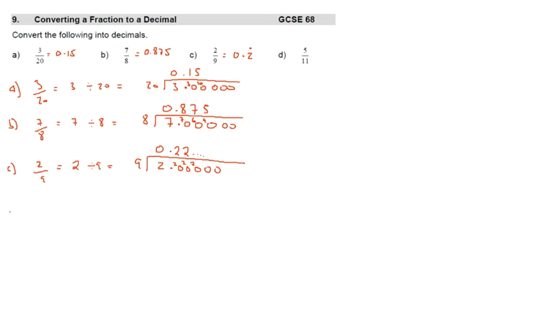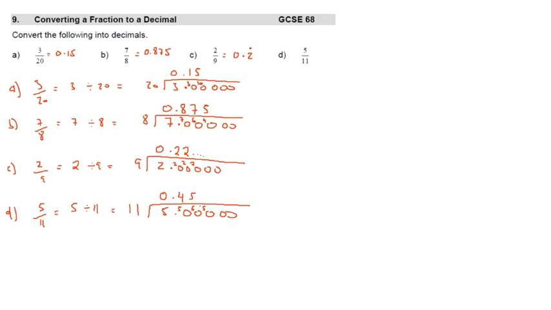Okay? And the last one, 5 over 11 means 5 divided by 11. So 11 into 5. Again, 0, 1, 2, 3, 4, 5. Carry the 5 over. 11's in 50 is 4, remainder 6. 11's in 60 is 5, remainder 5.